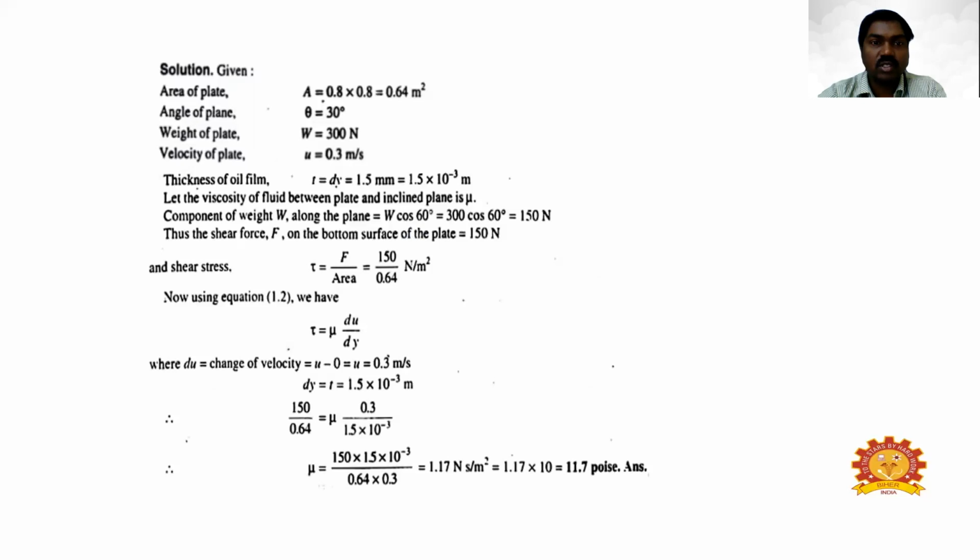So in this also we use tau equals force by area, 150 by 0.64. So tau equals mu du by dy. dy is the distance, given as 1.5 into 10 to the power minus 3. Substituting all the values in the formula, we get a viscosity value of 11.7 poise. So thank you.